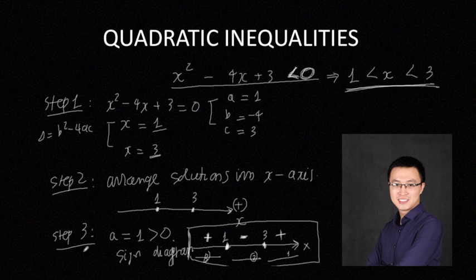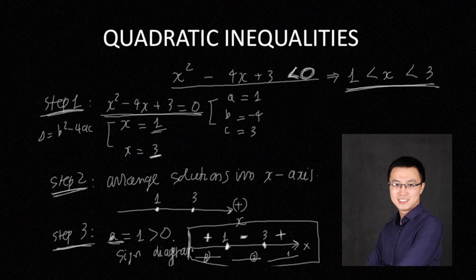This is the first example, and now I want to review the 3 steps. Step 1, you find the solution of the equation, not the inequality. Step 2, you arrange the solutions on the x-axis. Because the two solutions are 1 and 3, 1 is in this position and 3 has to be on the right-hand side of 1. Step 3, you identify the sign of a.